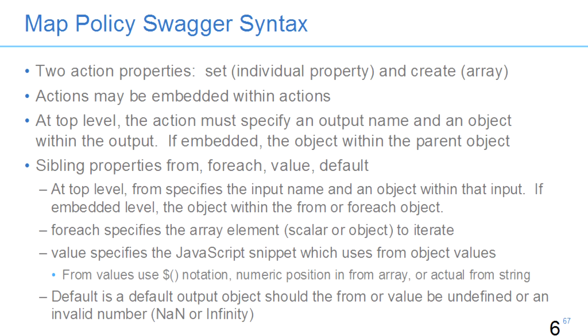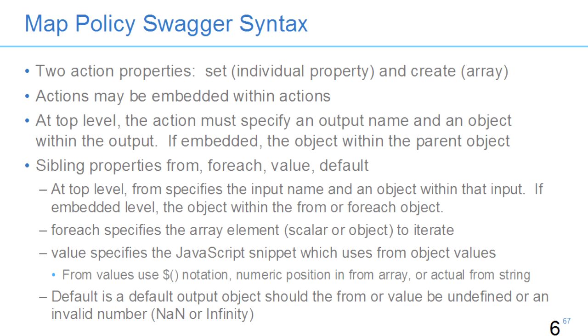At the top level, the action must specify the actual output name, for the set or the create, you're talking about just output, and then the specific path to that specific object within the output. So in our previous example, we had created an output called output.